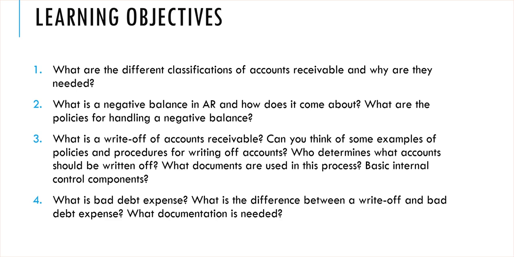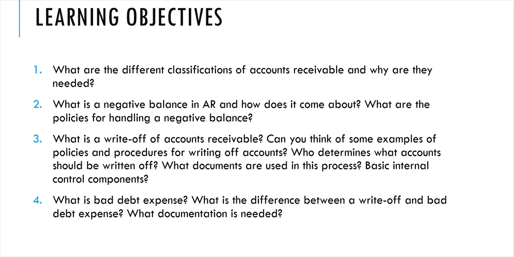Lastly, we have bad debt expense. This is separate from write-offs, and it's often confused. Students have difficulty here because they say, isn't a write-off the same as the bad debt expense? And if we use GAAP properly, we find that if there's a material amount of accounts that are going to be written off, we actually need to do an accrual entry.